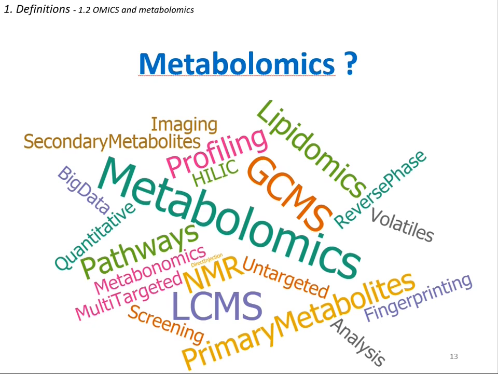So these are subparts of metabolomics. Of course, the pathways, but also some approaches like untargeted approaches or fingerprinting, but also big data, because the multivariate statistics used to analyze omic techniques and metabolomics are the same that can be used for big data analysis, and so on. So what is it really about?